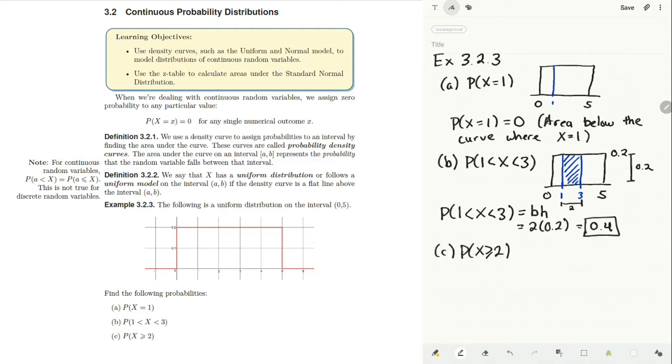So now what is the probability that x will be greater than or equal to 2? So here we want to find the area to the right of 2.